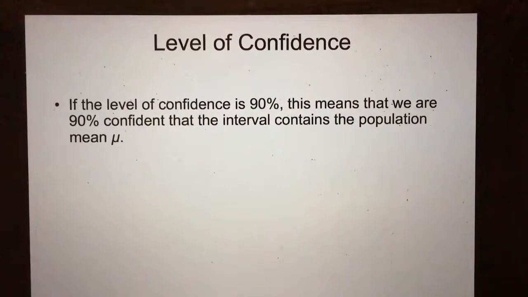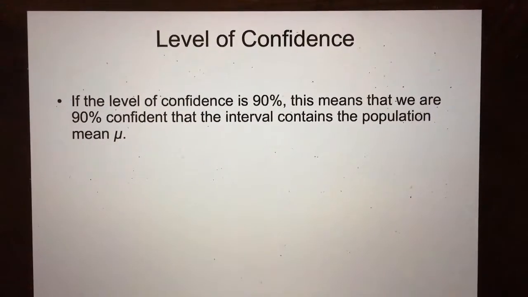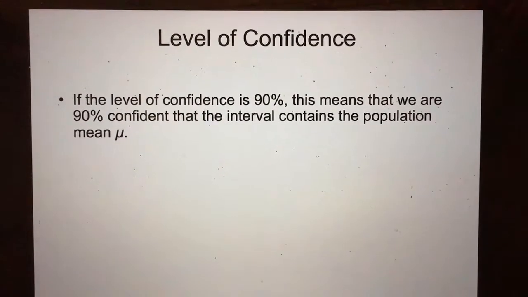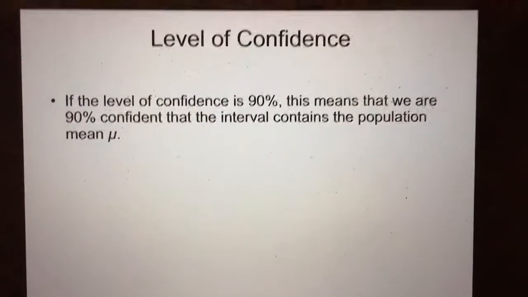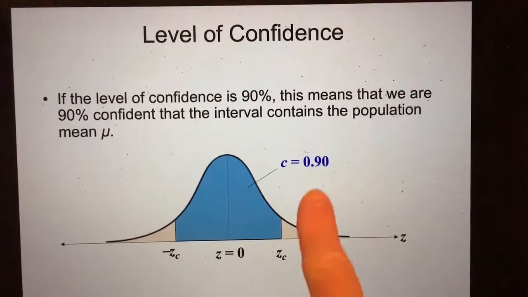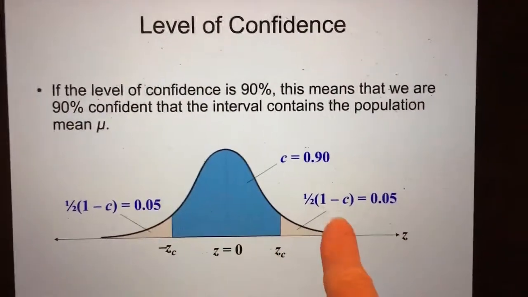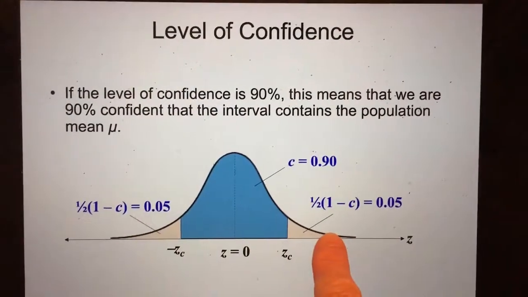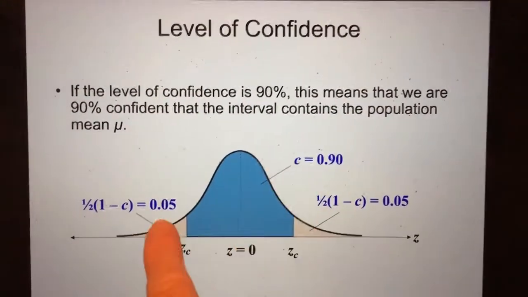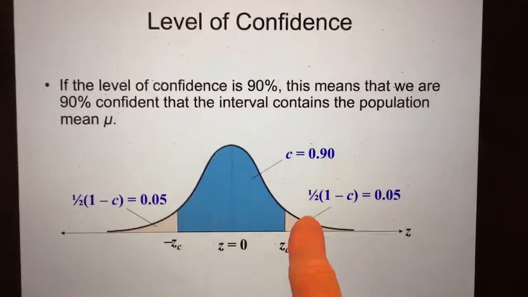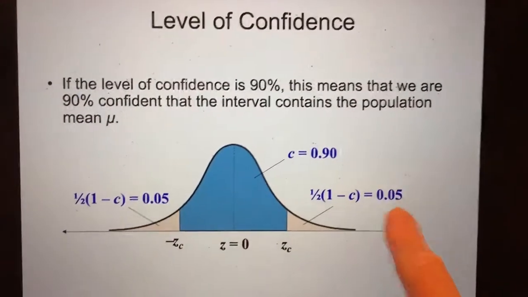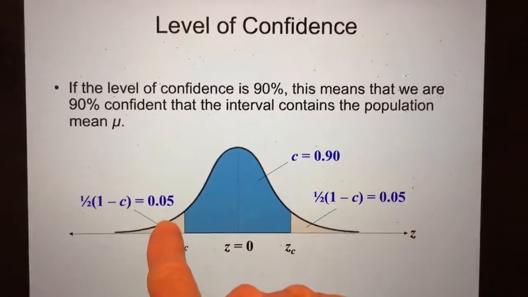So if the level of confidence is 90%, that means that we are 90% confident that the interval contains the population mean. So here we have 90% in here, which means we have 10% residing out here in the tails, which means half of the 10% and half of the 10% would have to be in each tail. So that's why that's 5%, and that's 5%.